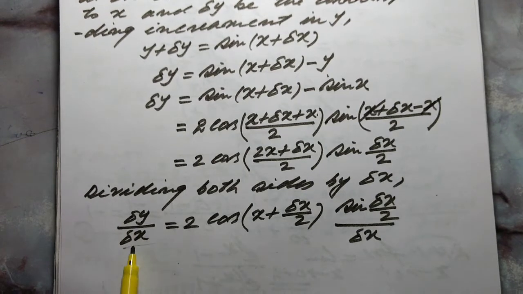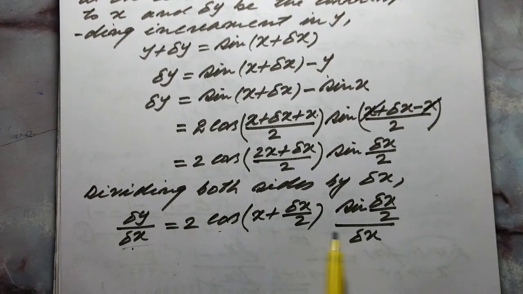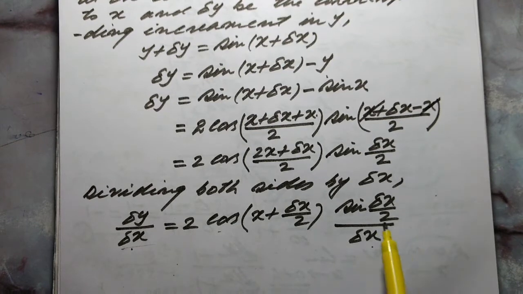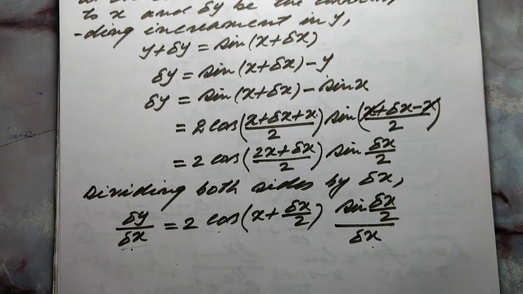So we have delta y upon delta x, and here on the right hand side we have written delta x in division of sin delta x upon 2.